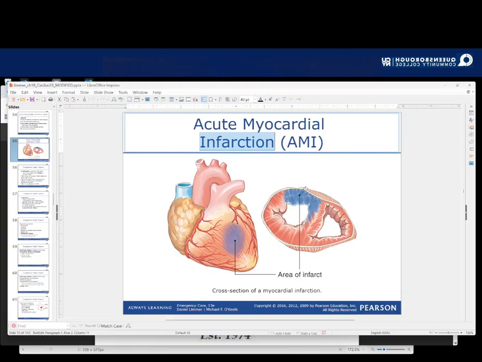So that's a pretty sizable coronary artery that is involved. In fact, the most worrying coronary artery, which seems to cause more deaths than others, is the left anterior descending. You don't need to know that as an EMT, but when the area of death, the infarct, gets this big, it's a major coronary artery.